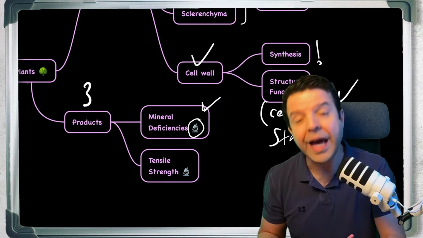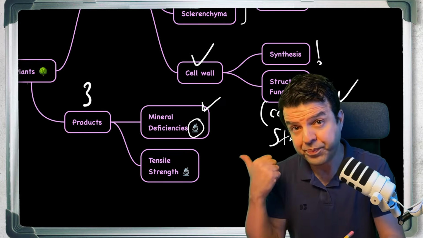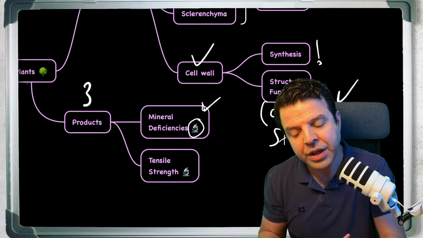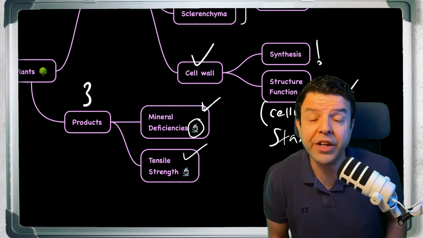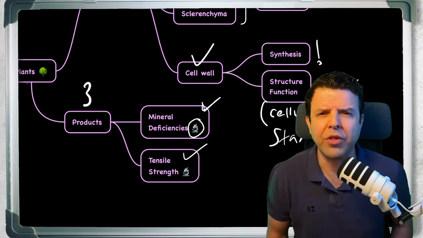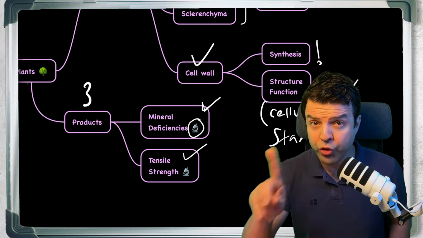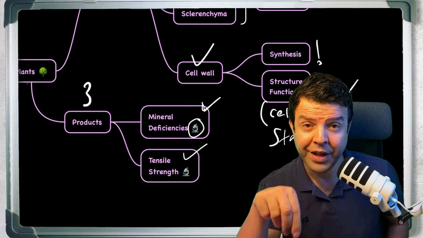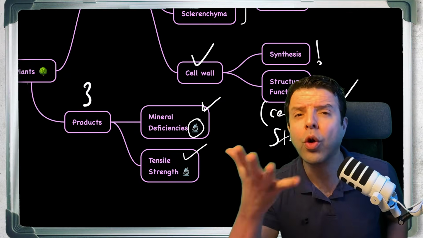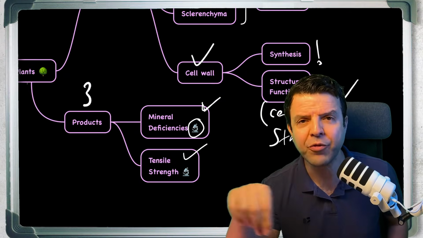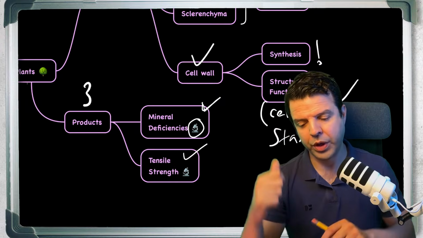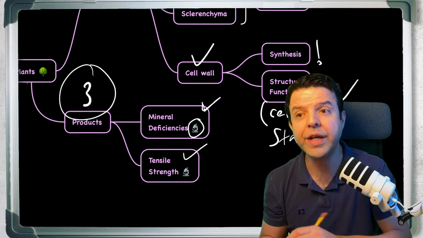In addition, I have another practical, plant fibers. So we are going to learn here their tensile strength, meaning how you can test how strong those fibers are, and how you can compare these fibers to artificial man-made fibers like nylon. Okay, so that was week 3.